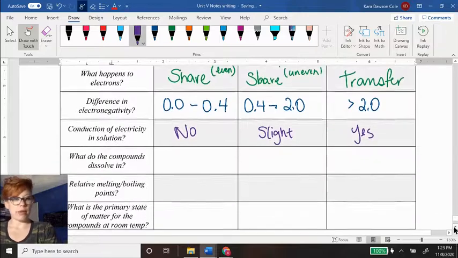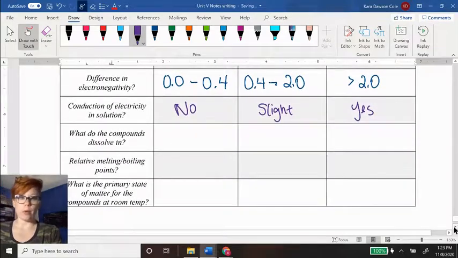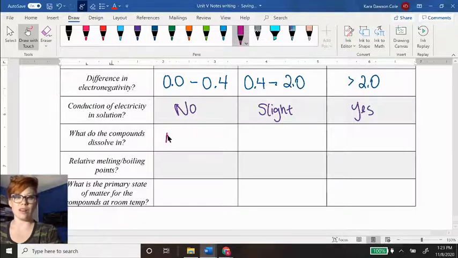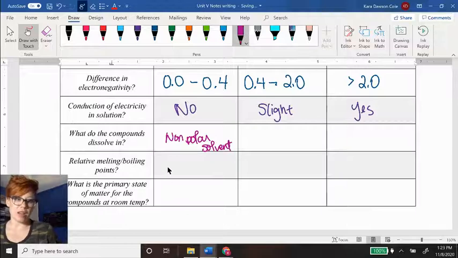What do the compounds dissolve in? So for a nonpolar compound, they are only going to dissolve in nonpolar solvents. What that means is that if I've got a nonpolar compound like oil, I'm going to need a nonpolar solvent to dissolve that in. So it's got to be similar to the oil itself, or it's not going to dissolve.